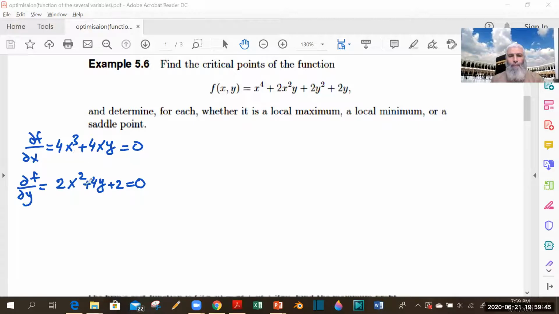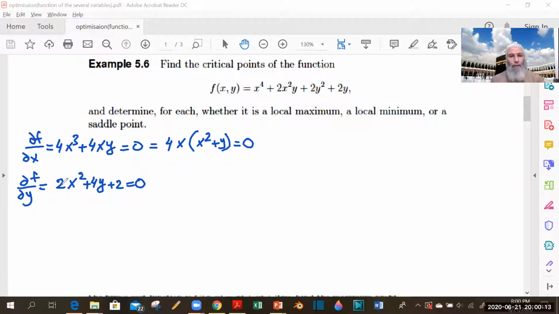But we need to find the second derivative, yes? Yes, but we need to find the point first. We can take a common factor here for x, and we have here x squared plus y equal to 0, right?